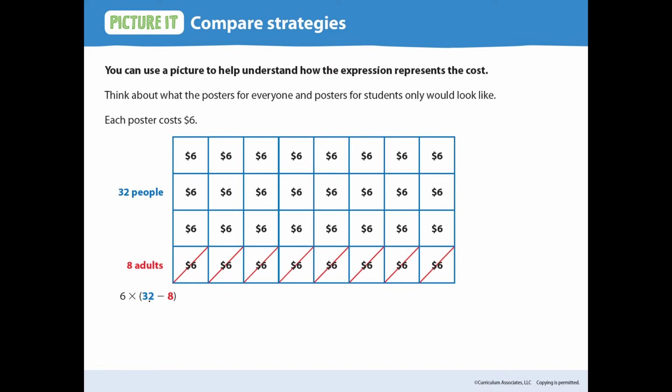So if we have 32 boxes in all, minus 8, which is taking out the adults, that represents how many people are actually getting the $6 posters. And then we multiply that number by 6 to figure out how much we spent on those posters.